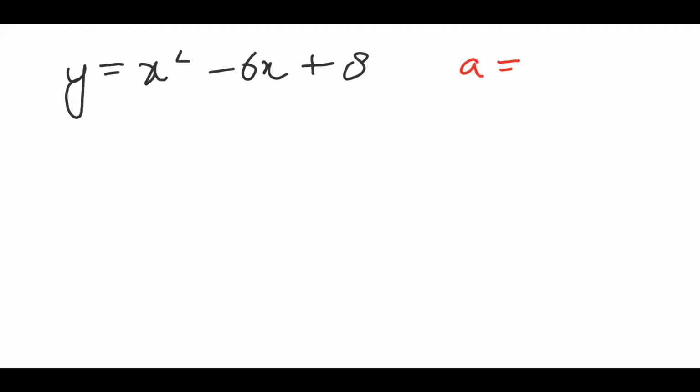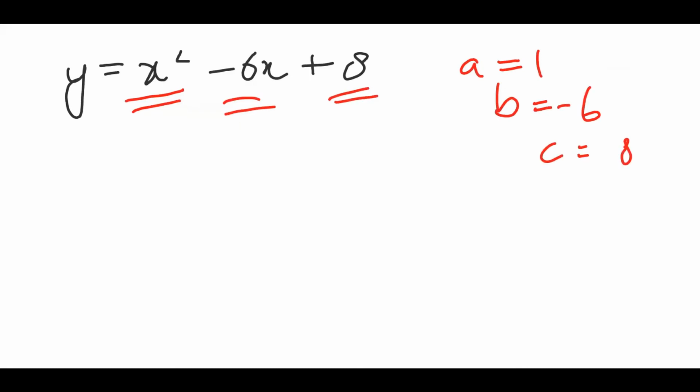We'll do an example. We'll take the same equation that we took in the middle term breaking, which was y is equal to x squared minus 6x plus 8. Now, what are a, b, and c in it? We have a as 1, b as minus 6, and c as 8.